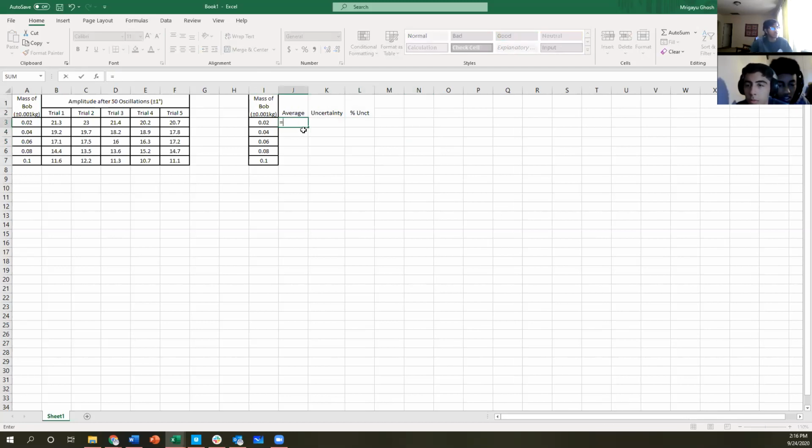Now average here, for the formula, you're just going to write equals average of all these numbers here, right? And then if we have autofill, it should technically work. Yes. So you can just use autofill to fill in the rest. I just want to make sure we have the right number of sig figs. So this one is actually 23.0, right?